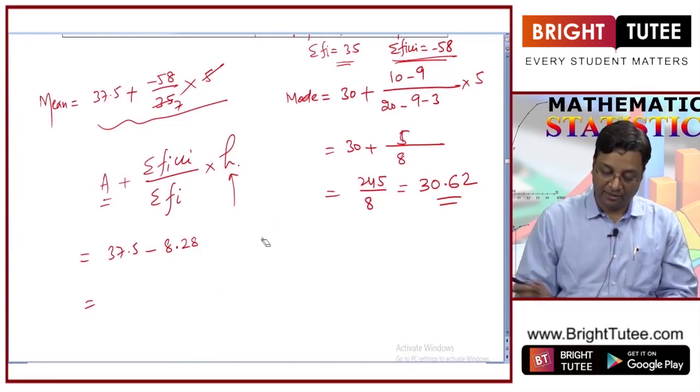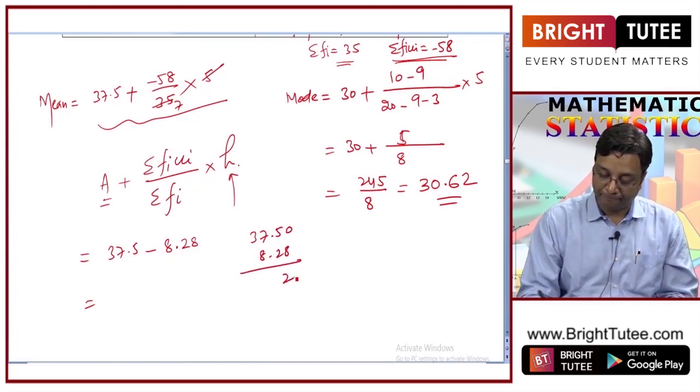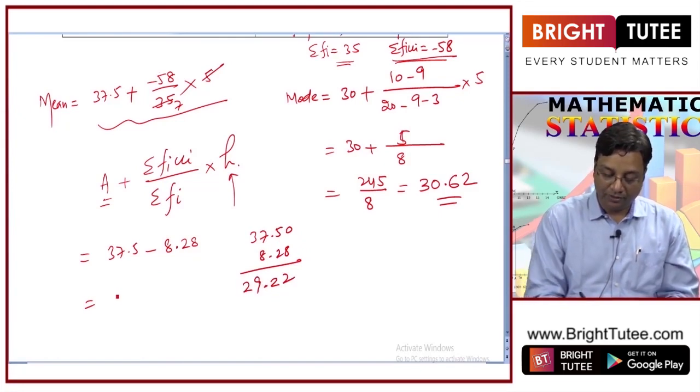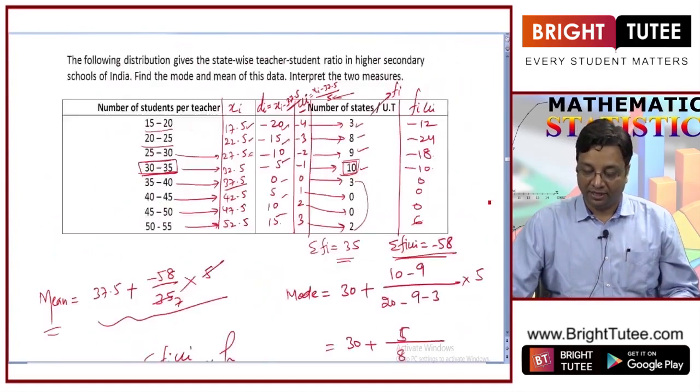We need to subtract 8.28 from 37.5. So, it will be something like this. 29.22 is the approximate mean, which in this case is lesser than the mode that we calculated, right.